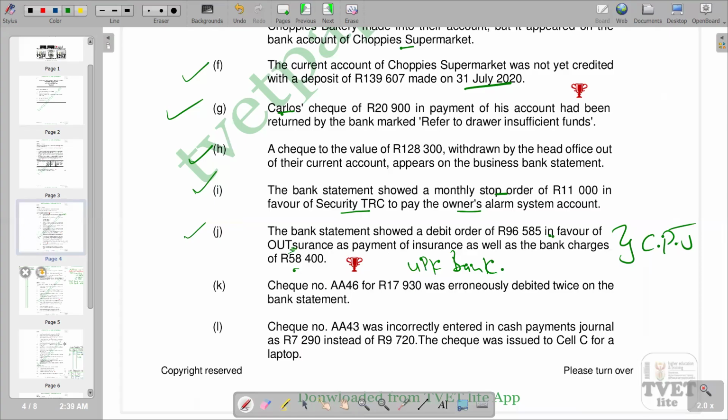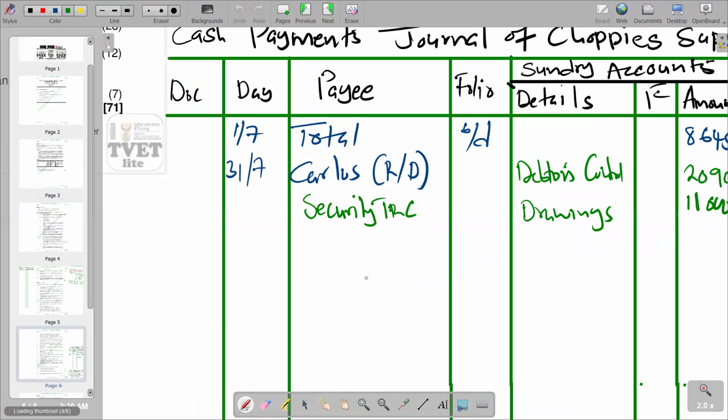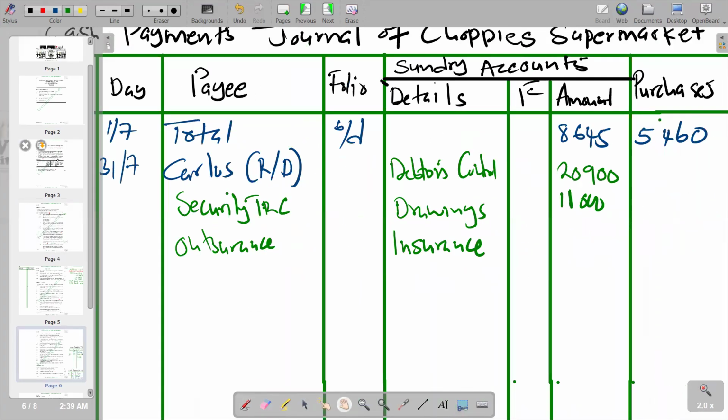So we go to the cash payment journal. Remember, this is our cash payment journal, and we are saying the first one is for Outsurance. And all the details, remember, this is an insurance. So we're just going to put it under something. It doesn't qualify under other columns. And the amount that we have there, it's for insurance.